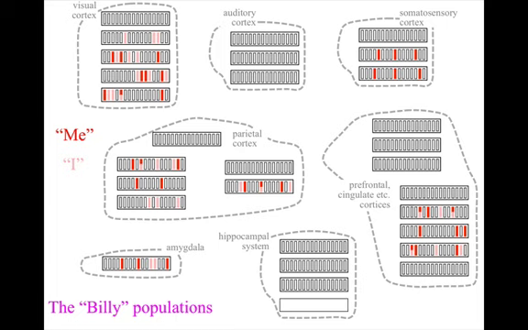Early on, these two populations are initiated by use of the name Billy, but over time, the columns in these populations are often active at the same time as each other, so subsets of a population may gain enough recommendation strength to activate the whole population.